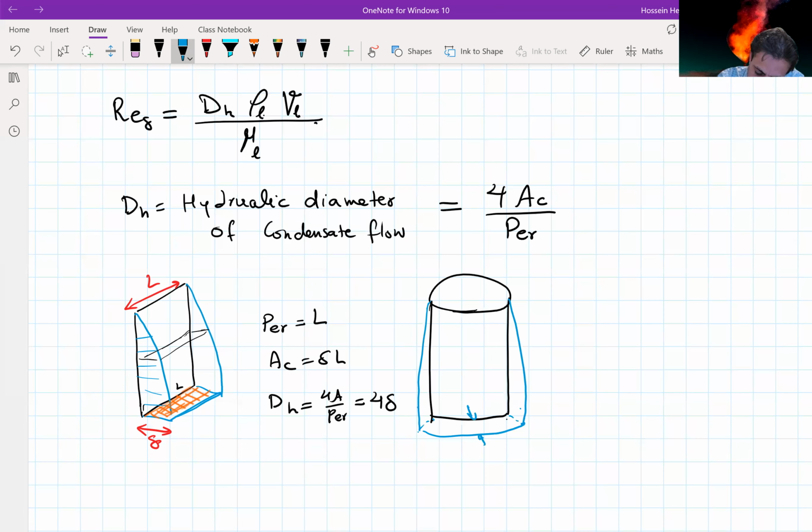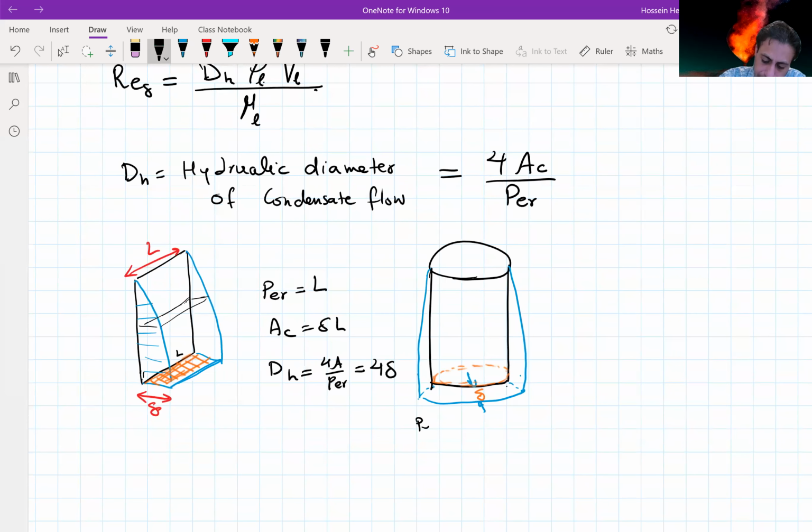Just call it delta here, and the perimeter that has been wetted is going to be the perimeter of this cylinder. So for this geometry, here is going to be pi d, and the cross-sectional area is going to be pi d delta. And assuming that this is d, the other assumption here is delta is much smaller than d anyway. So here the hydraulic diameter again is going to be 4 delta.